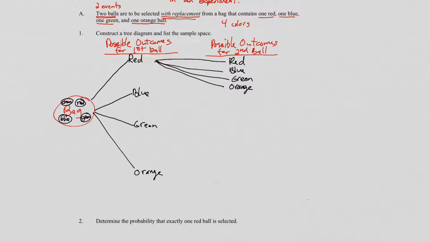And that's after picking a red ball for the first event. For the blue ball, after picking the blue ball, we put it back, and we can also pick a red ball, blue ball, green ball. So all 4 options show up again.